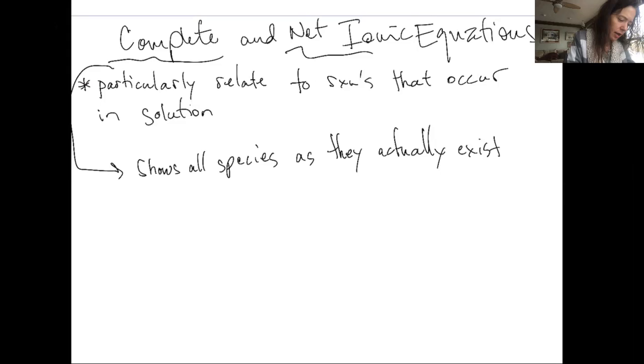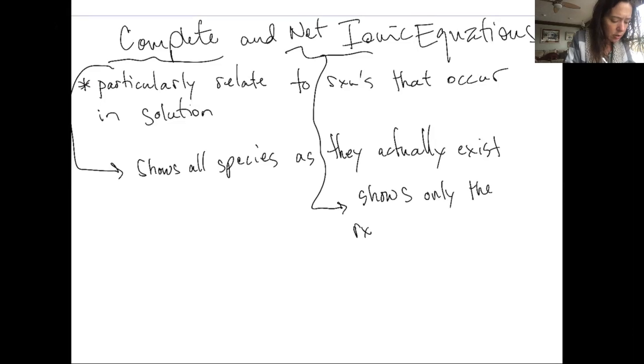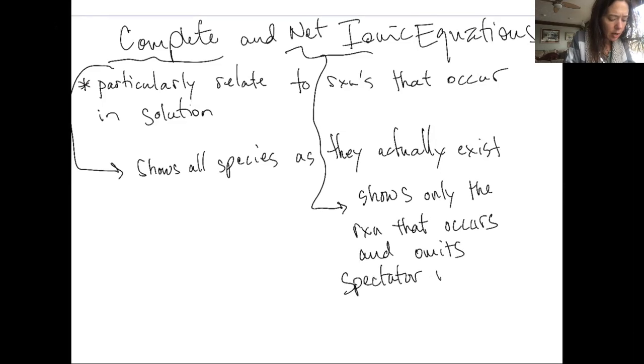And the net ionic shows only the reaction that occurs and omits something called spectator ions. All right? What is a spectator ion? A spectator ion does not participate in the reaction.